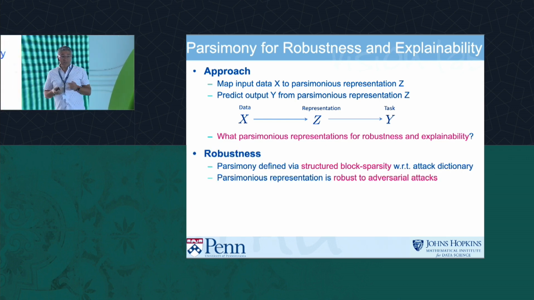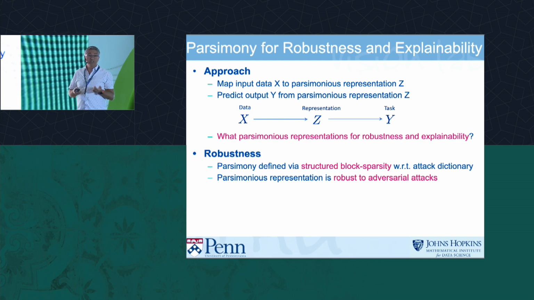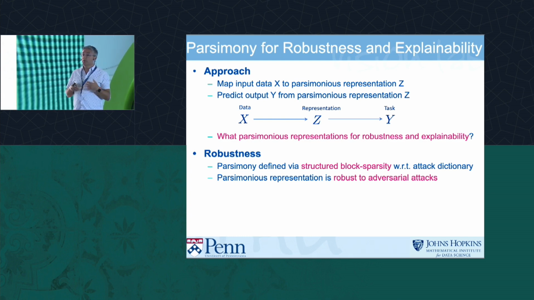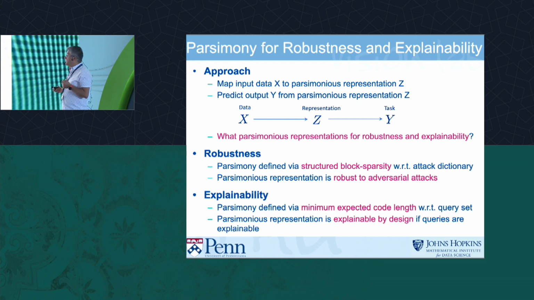In the case of robustness, and this is going to connect very well with some of the things that were talked about yesterday in the tutorial, we're going to be using block sparsity as the way to ensure that the latent representation has a particular structure that allows you to be robust to those adversarial attacks. In the case of explainability, the notion of parsimony is going to be information theoretic.